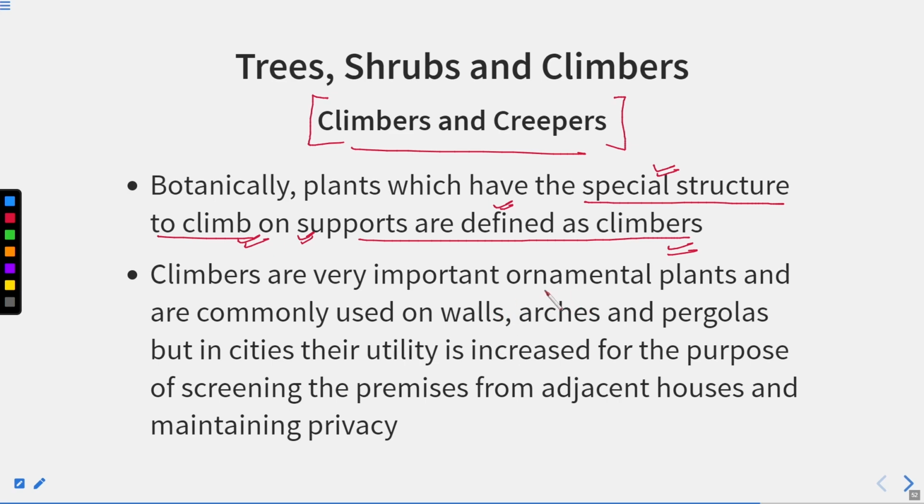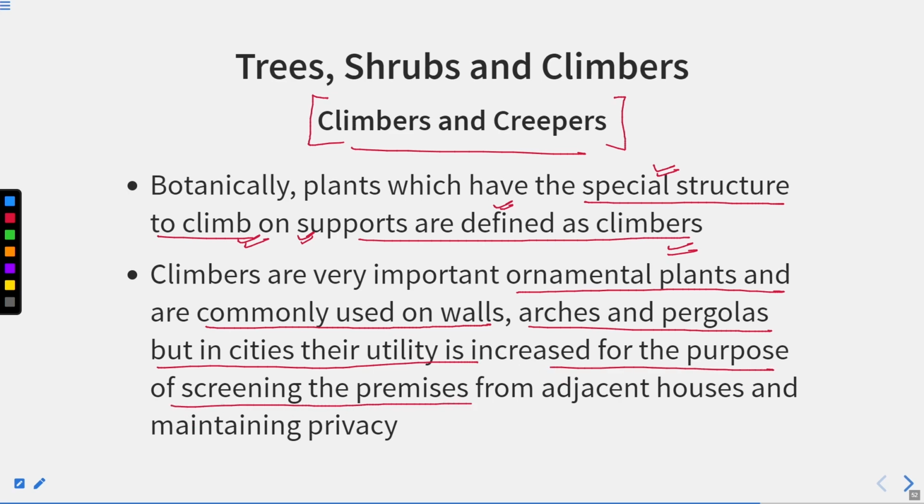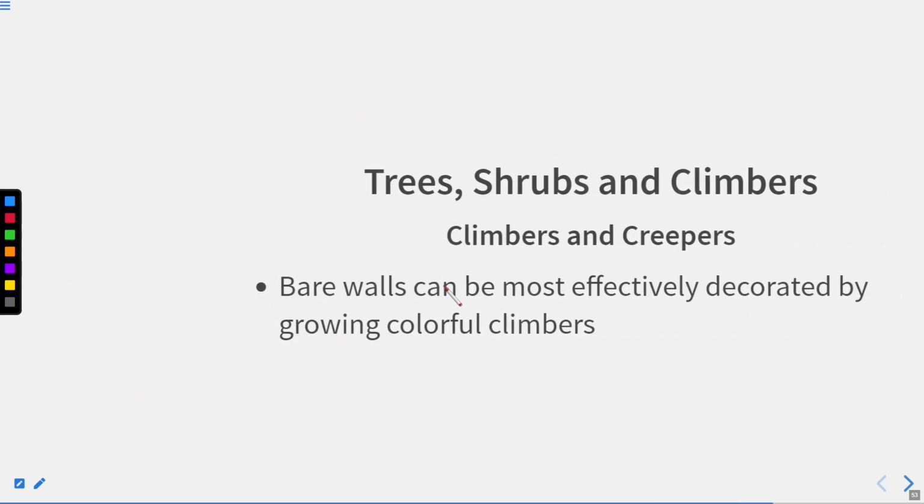Climbers are very important ornamental plants and are commonly used on walls, arches and pergolas, but in cities their utility is increased for the purpose of screening the premises and adjacent houses and maintaining privacy. So the climbers are used for these purposes in the cities.